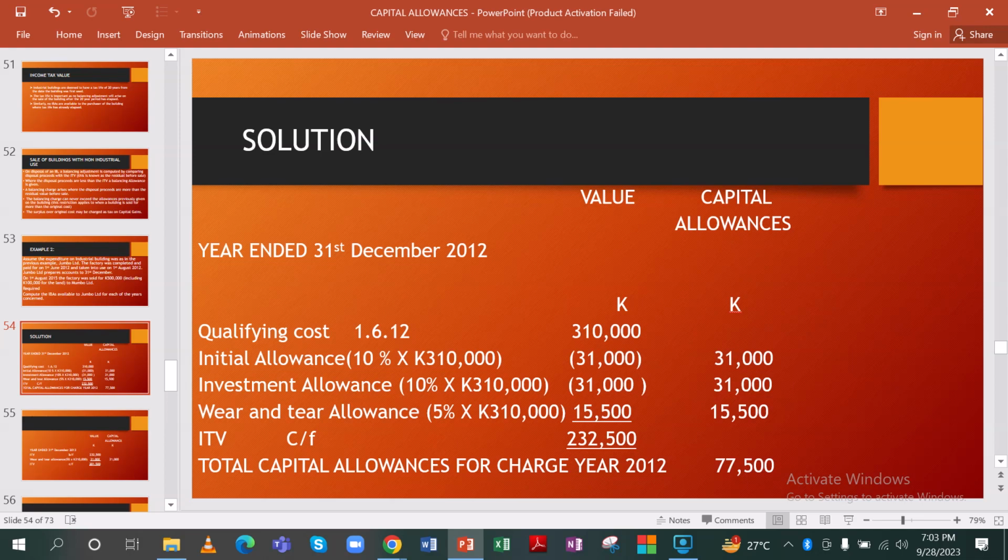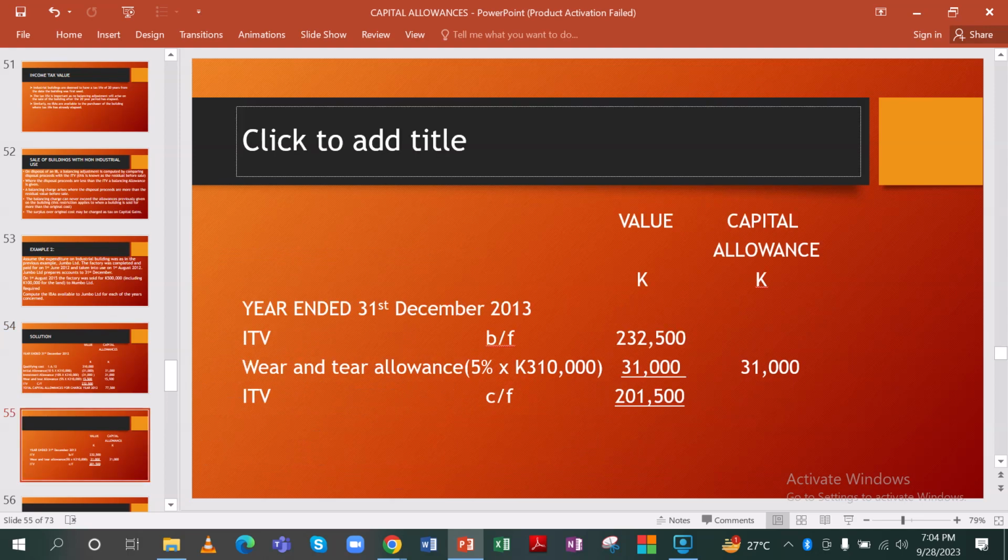Wear and tear allowance as before is 15,500. The income tax value is 232,500. For charge year 2012, the total capital allowances as before is 77,500. There's no problem with that one. Then we'll look at charge year 2013, which is the following year.